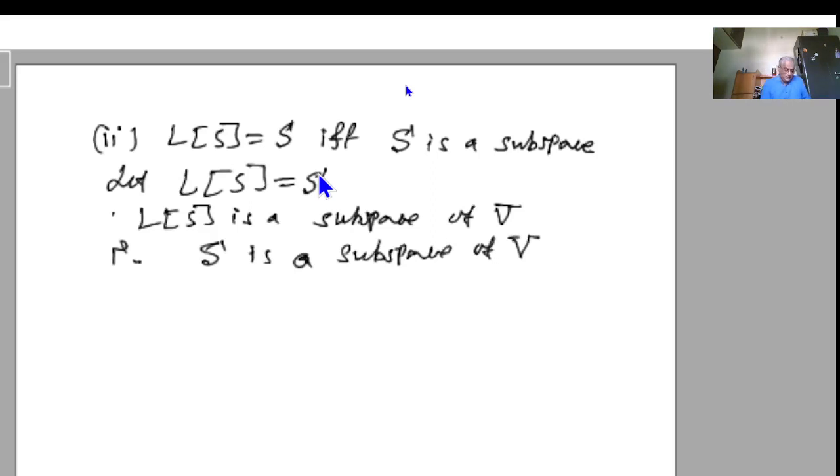Converse part. Conversely, let S be a subspace.